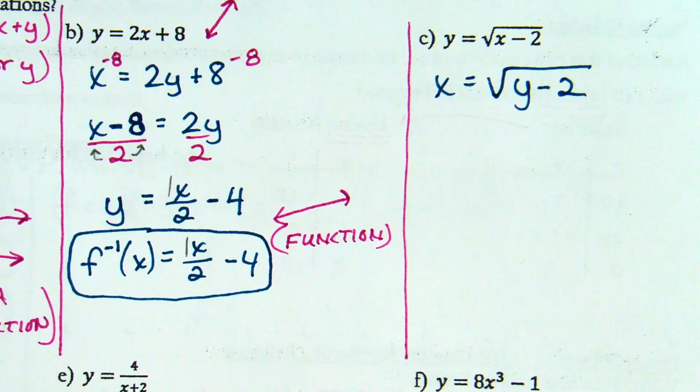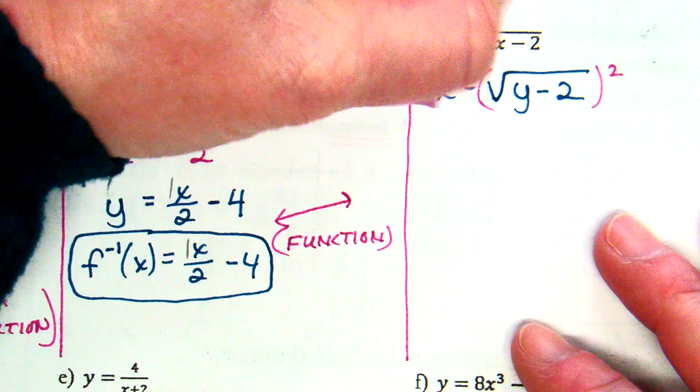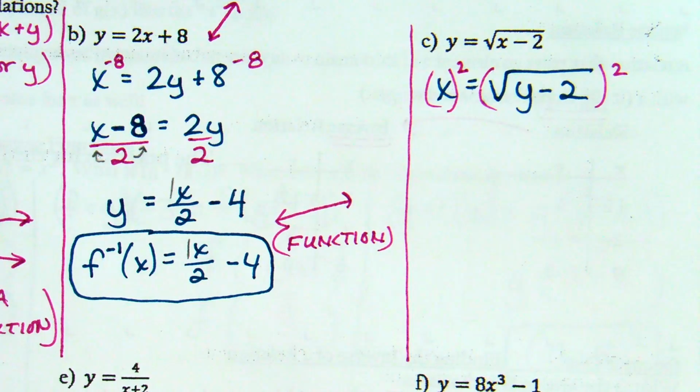Okay. Here's the part you have to actually think about. The square root of y minus 2, squared. When you square a square root, you get whatever's under the radical, right? So this is just y minus 2. Okay, keep solving. If it's y minus 2, we're going to add 2.